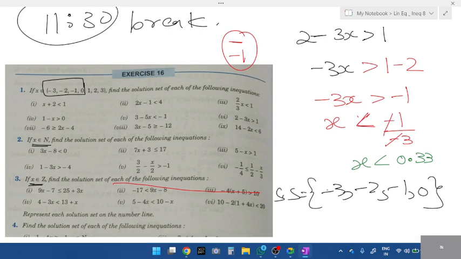Next, last one, ninth question I'll complete. Then I'll give only one main for test. The remaining we'll do on Monday.